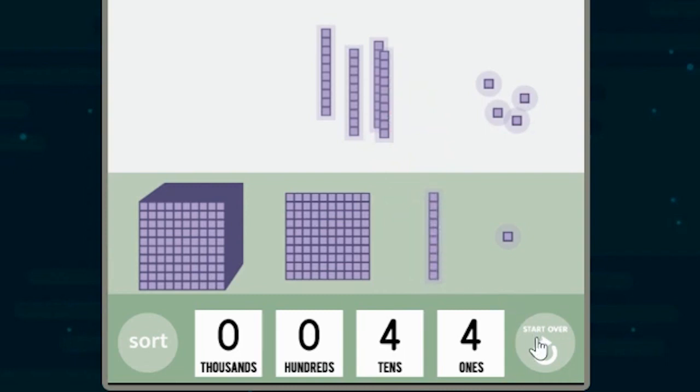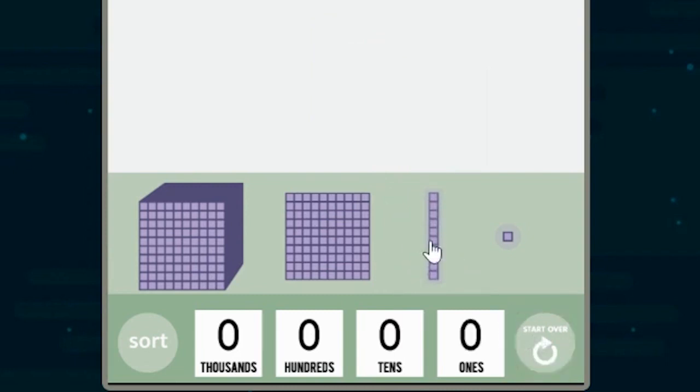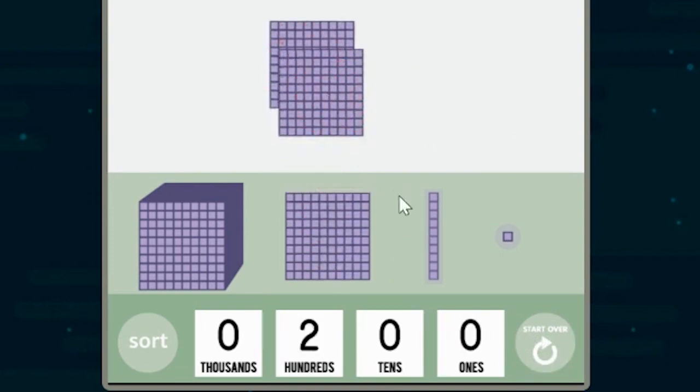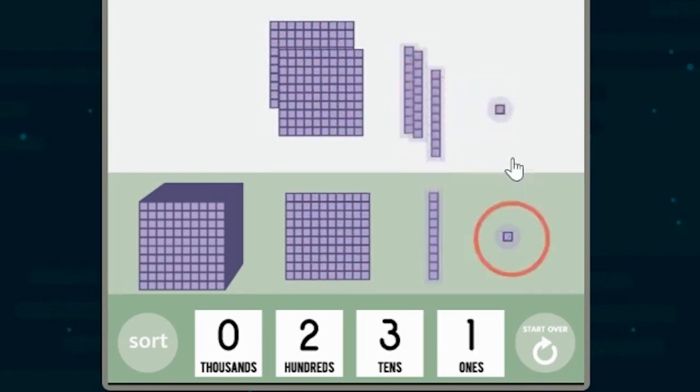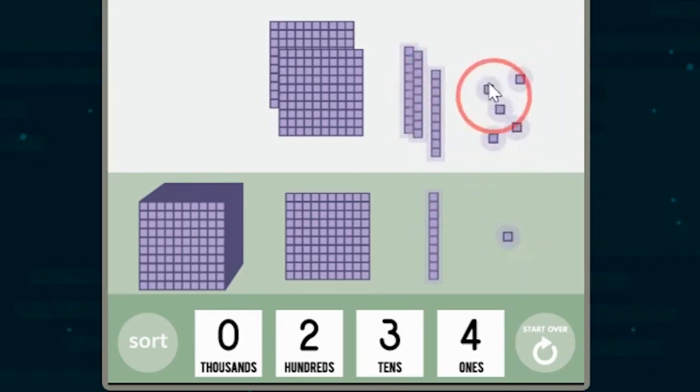Now let's try a different number. I'm going to make the number 100, 200, and 10, 20, 30, 1, 2, 3, 4, 5, 6, 7.